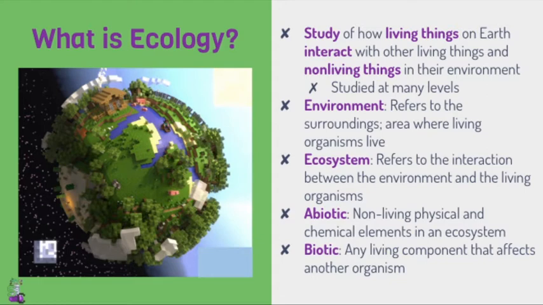There are also, of course, biotic elements or factors, which is any living component that affects another organism or the environment. This includes both animals that consume other organisms within their ecosystem and the organism that is being consumed. So biotic factors would include animals, plants, fungi, bacteria, and protists, which are single-celled organisms, such as algae, that green slimy stuff that sometimes forms in fish tanks.